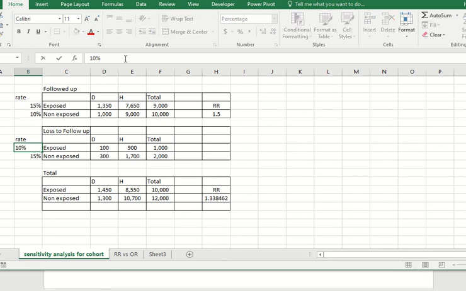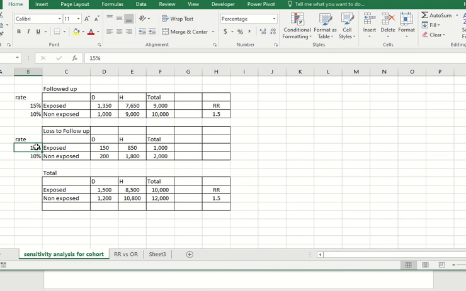So if the risk in the exposed was 15% and the risk in the non-exposed was 10%, okay, so I changed the whole, automatically this table was updated, automatically these two were combined here, and you get a relative risk of 1.1. This is what we said, that if those that you lost are exactly similar to those that you followed up, then you're going to get a total relative risk that is exactly the same as the one that you observed.